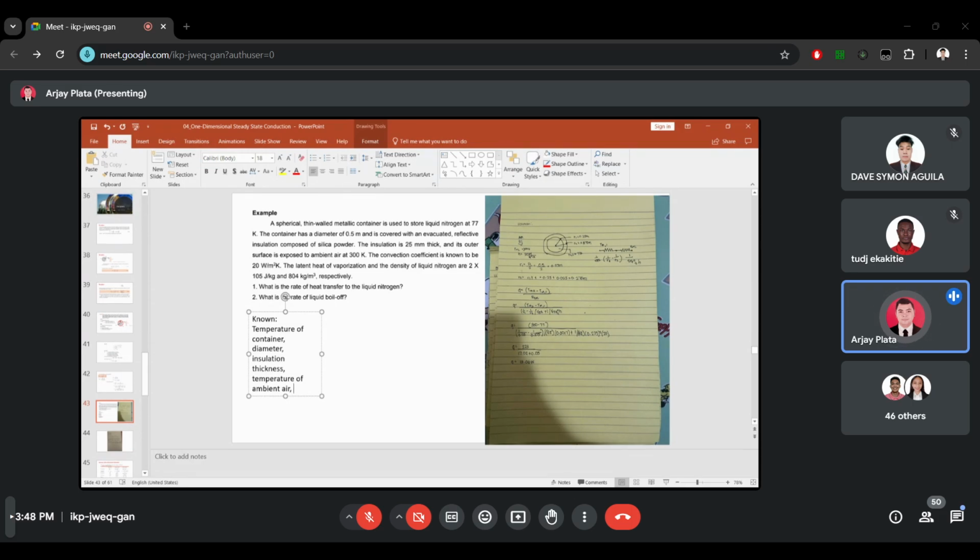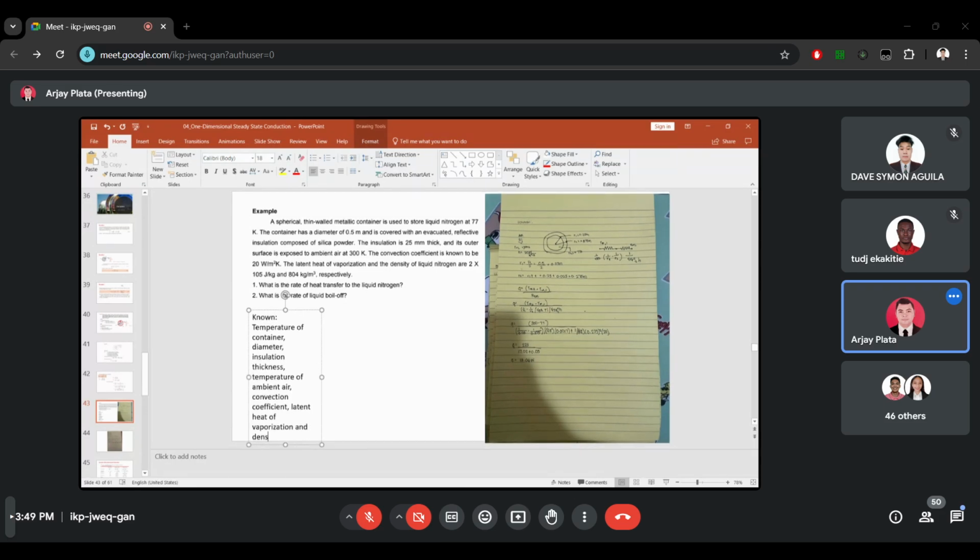And we have the convection coefficient. Latent heat of vaporization and density. So, yan yung ating known.